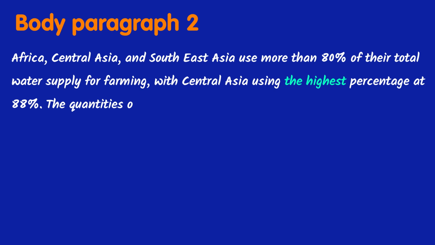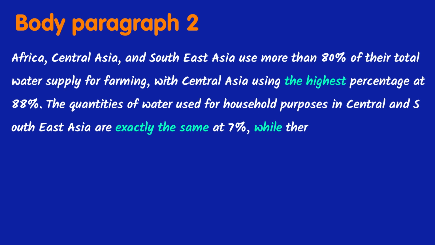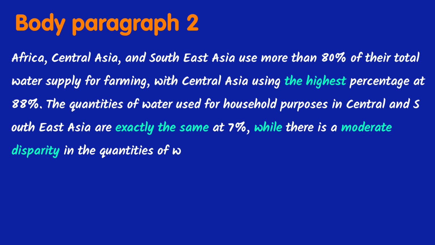The quantities of water, now I'm going to talk about household purposes, all right? The quantities of water used for household purposes in Central and Southeast Asia are exactly the same. They're exactly the same. So you see how I use, again, comparison here at 7%, while there is a moderate disparity in the quantities of water used for industrial purposes.